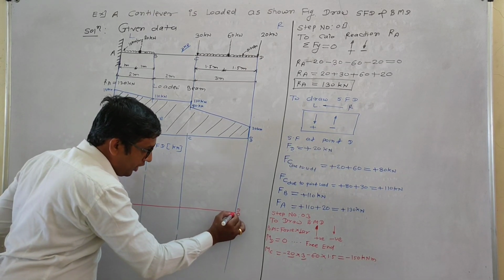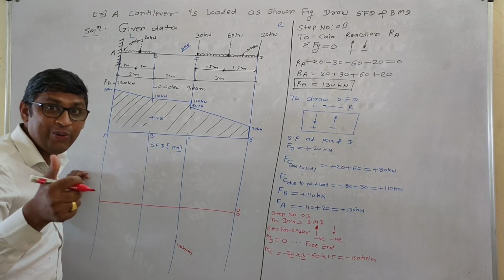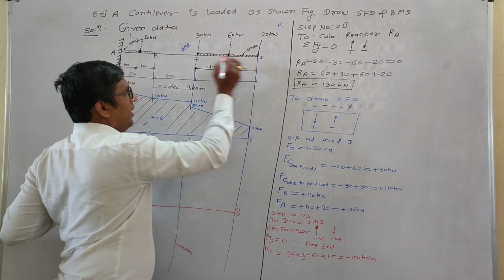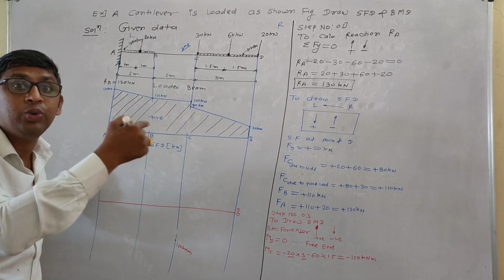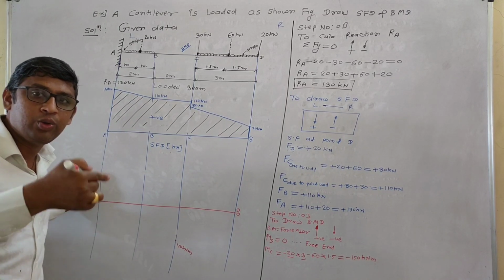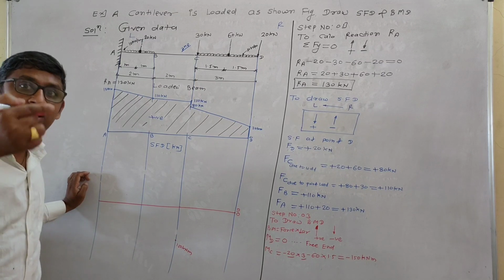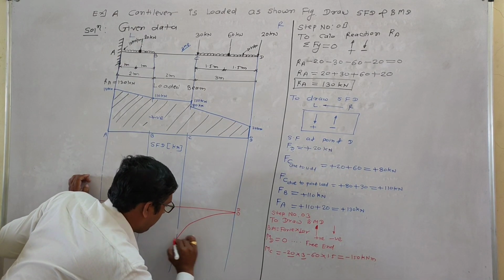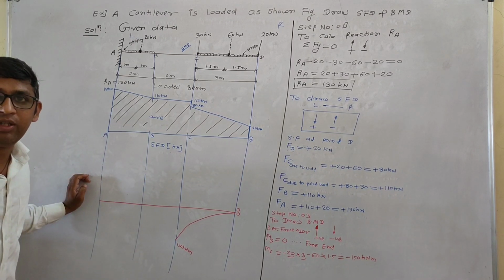Do you draw an inclined straight line? No. Why? Because in between D and C there is a UDL. If a UDL is there, then you have to draw the parabolic curve. Correct. This is the parabolic curve.